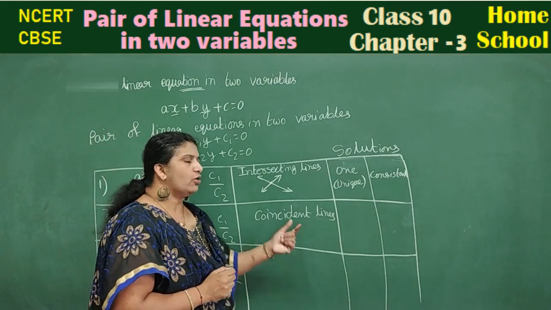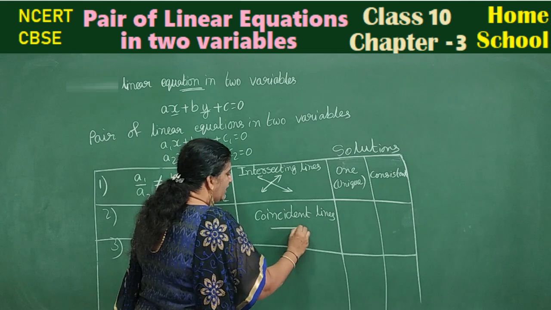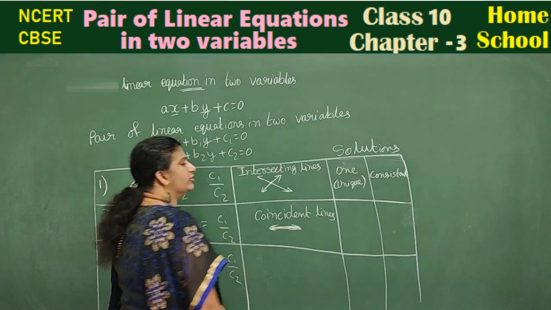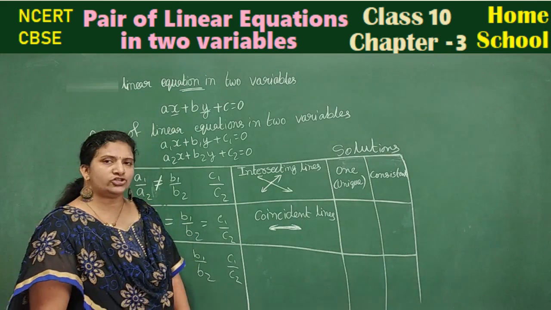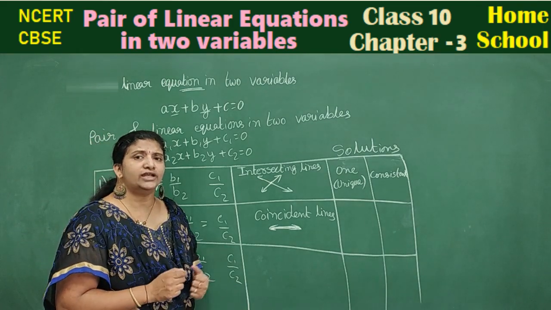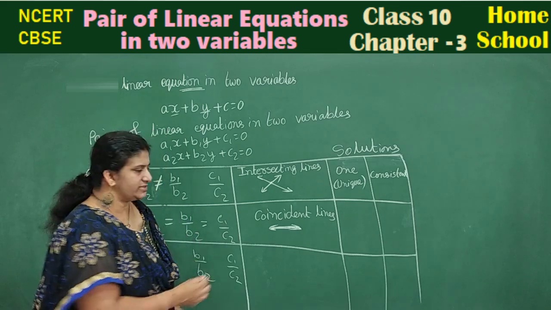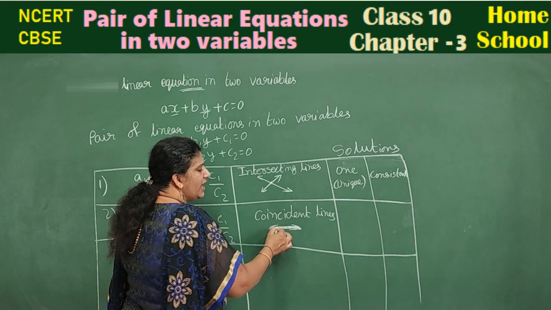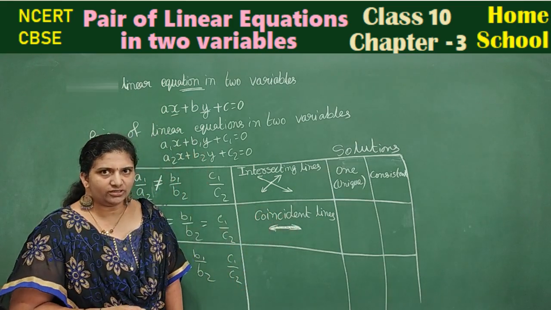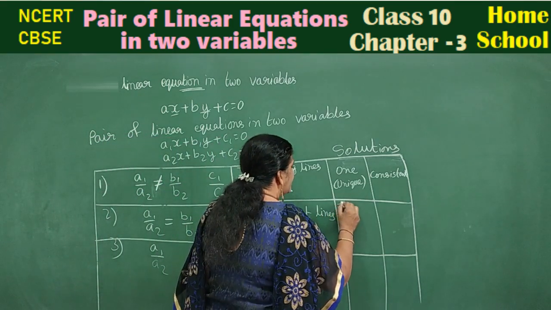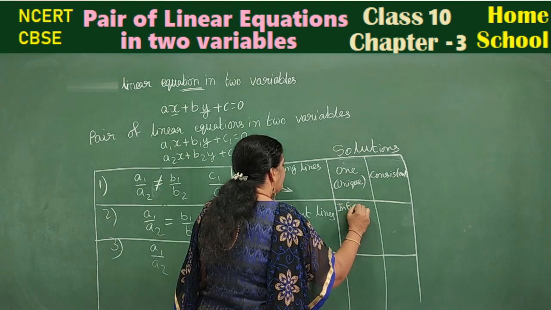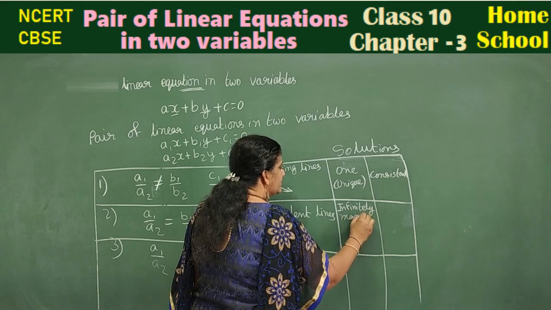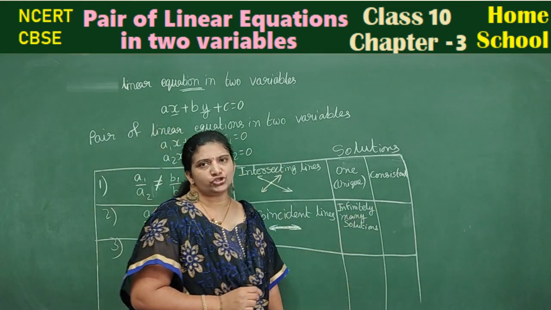That means the two lines are overlapping, one above the other. How many solutions? There are infinitely many solutions. Wherever they intersect, this is a solution, this is a solution. Every point is a solution. So, infinitely many solutions.